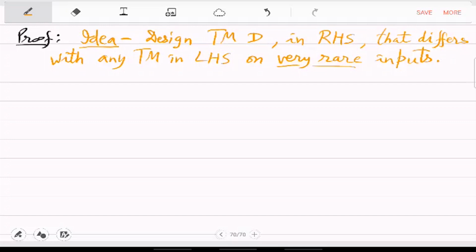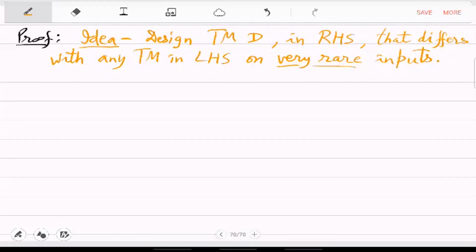Or I should say that the difference actually jumps exponentially in n. The strings up to length n on which D and some Turing machine on the LHS will differ, for n they will only be log n many. Okay, you can think like that. So it will be a very rare difference in the answer. So on average case, actually D will be solving the same problem as on the left hand side.